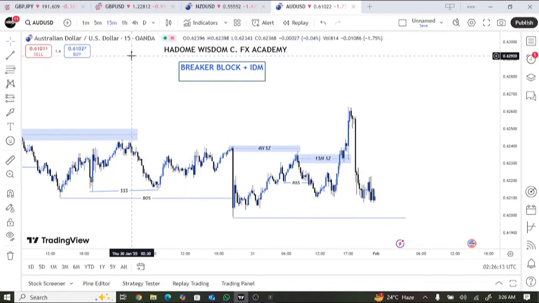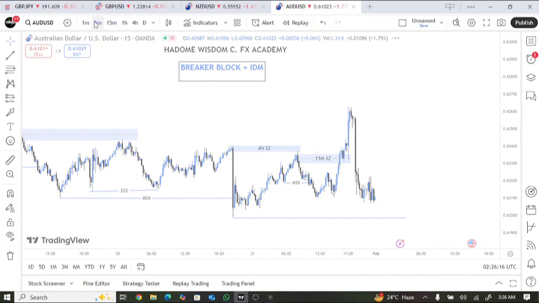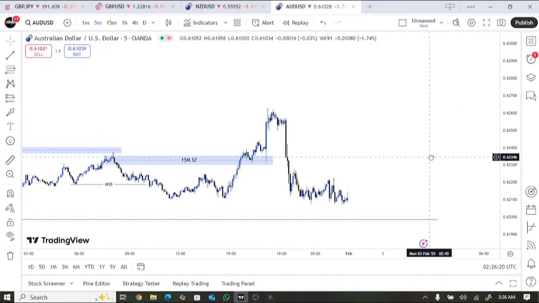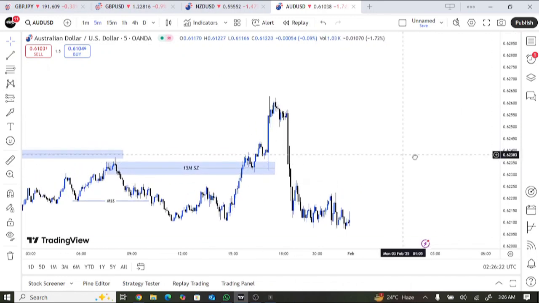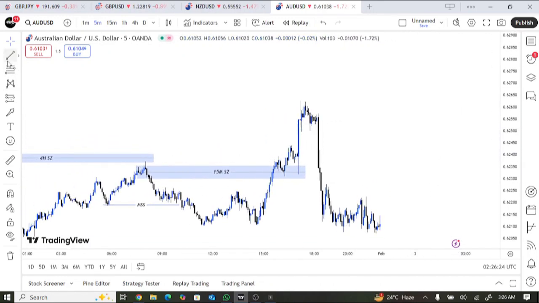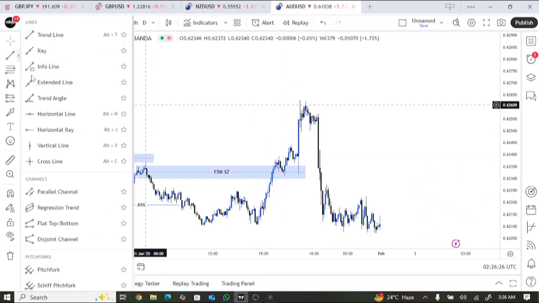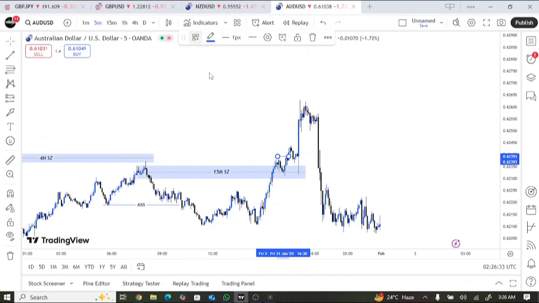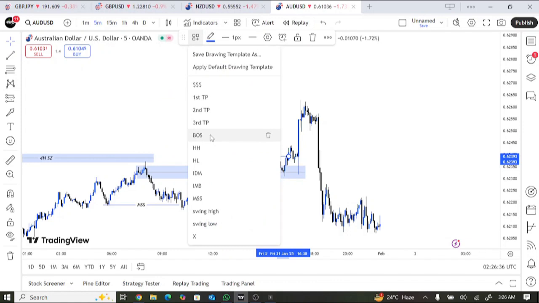Let me zoom down to the 5 minutes so that we can get everything here clear. Okay, so it did a break of structure. Let's observe, this was what I was talking about. So this guy here is a break of structure, a very, very little break of structure.